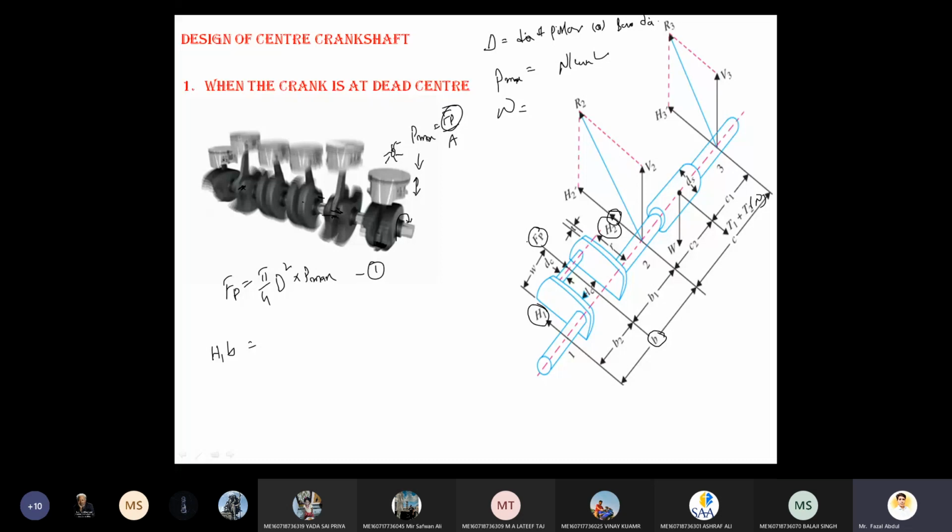So H1 equals Fp into B1 by B. This is one component. Another component is H2. I'm calculating H2 now: H2 into B equals Fp into B2.